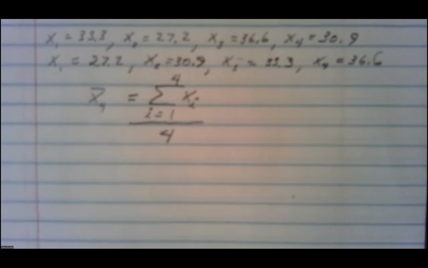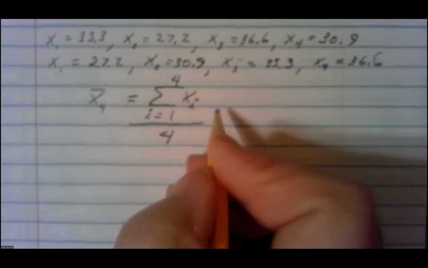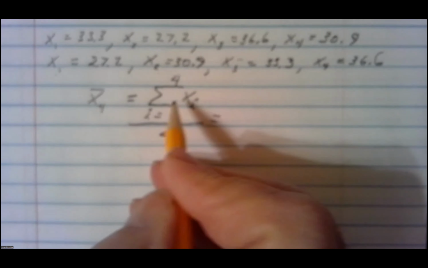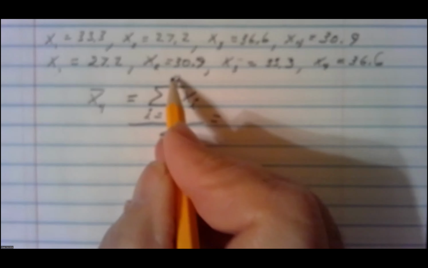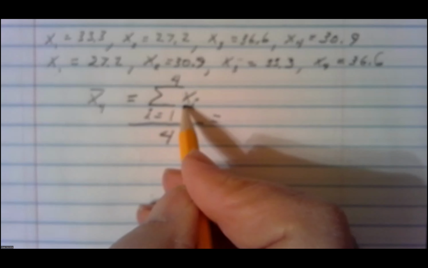Now you'll see my madness as we go along, but using these symbols helps us to understand this particular problem. What this says is take X sub i and let i vary from 1 to 4 and add them up.